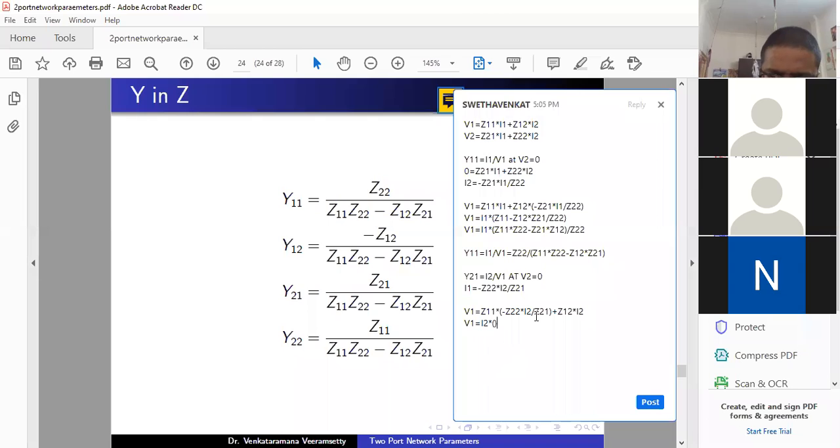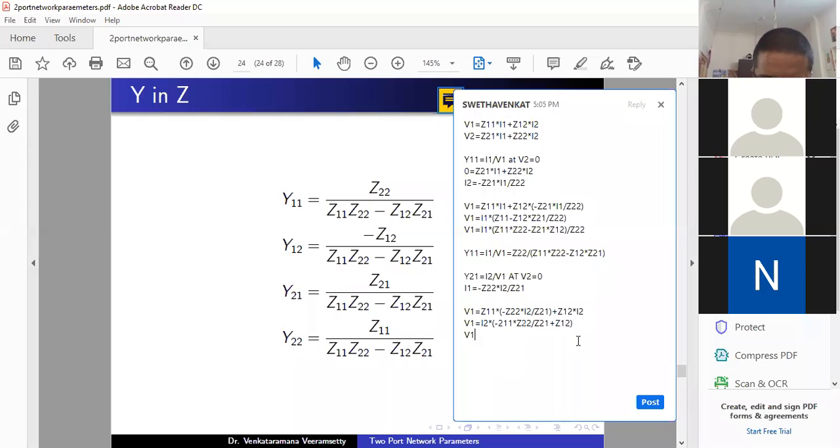If you take I2 common from here, we have minus Z11 into Z22 divided by Z21 plus Z12, right?